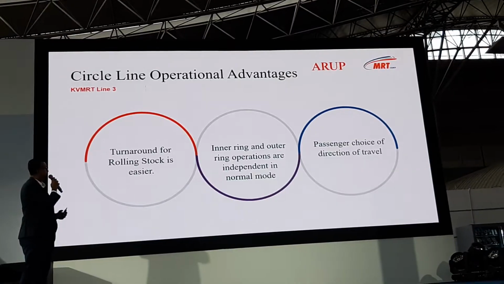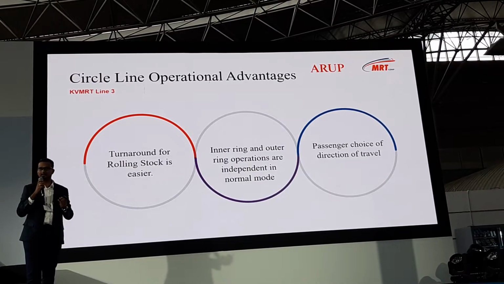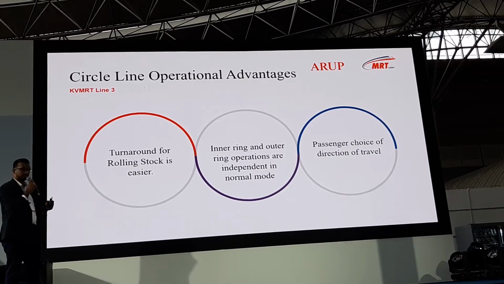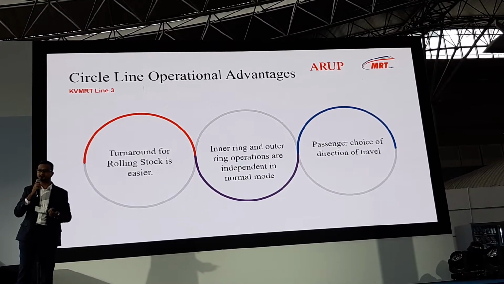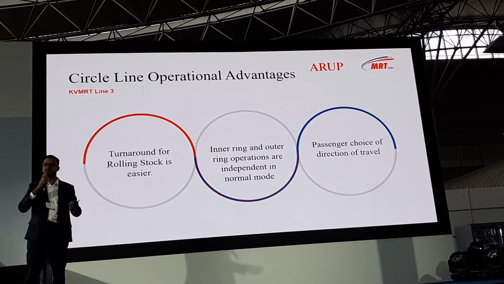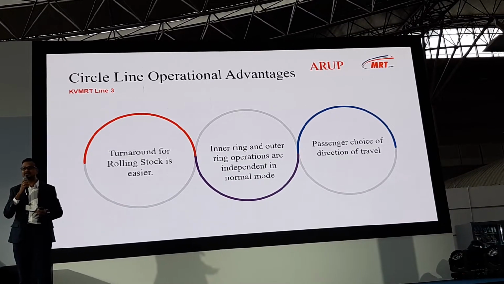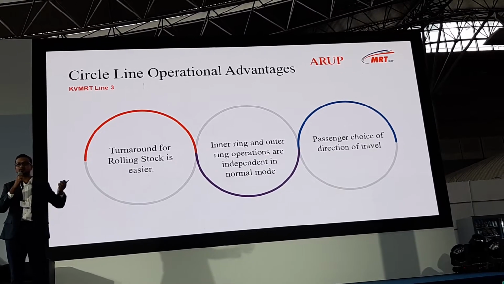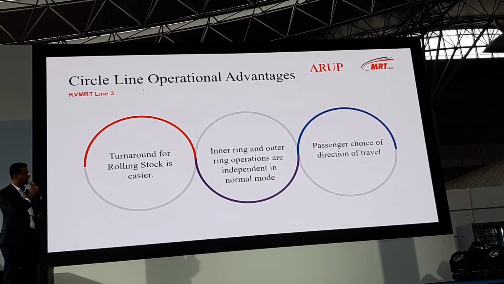Now, as I mentioned earlier, there are several differences between a radial line and a circle line. Number one is the turnaround. The turnaround for rolling stock is made much easier because we are not traveling from terminal to terminal. The line is connected throughout, so there are no infrastructure facilities required, or additional journey times, to turn back. That improves efficiency in terms of journey time.